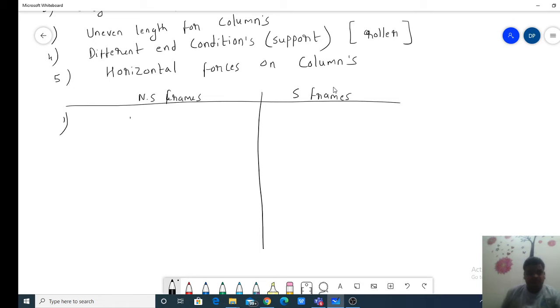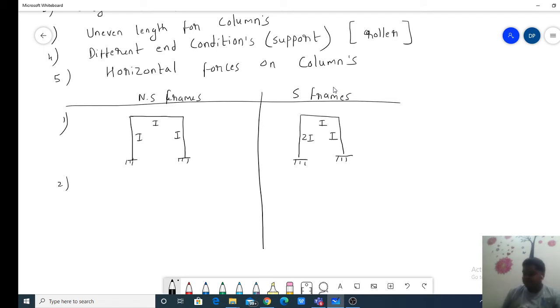Now if I am taking a column which is uniform in length, whatever may be the distance, and if it is having the property of I value similar for all, then it comes under non-sway frame. Similarly, for the same frame, if this is 2I and this is I and this is I, then it comes under sway frames.